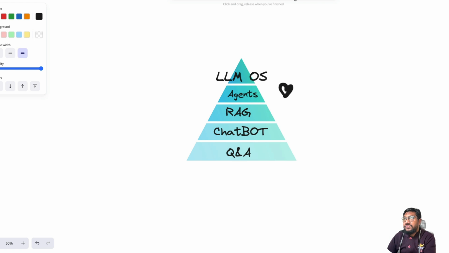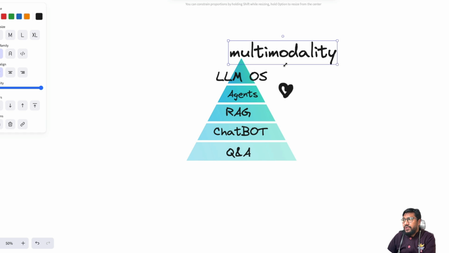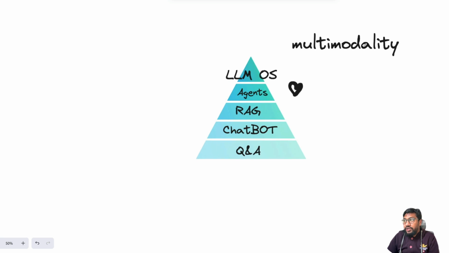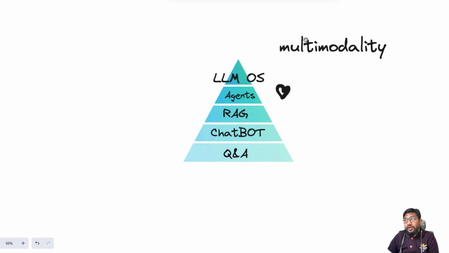One is multimodality. What does it mean? It simply means that instead of just chatting with text, you can chat with images, ask questions in voice, get responses back in speech, and send videos.